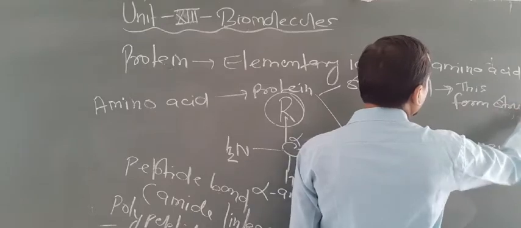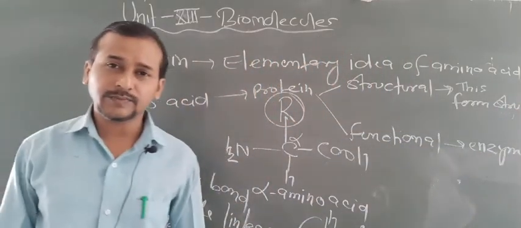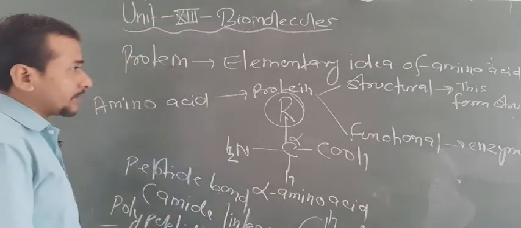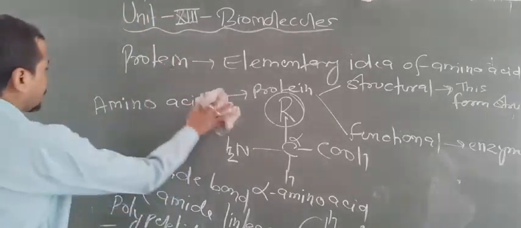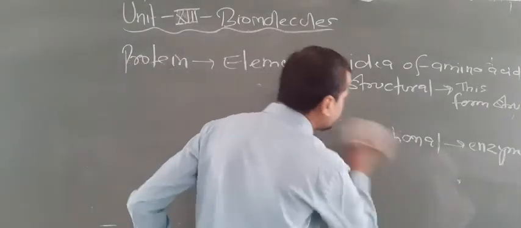The structural proteins form the structure, basically the body structure. The functional proteins help in functions just like digestion and respiration. So these are the general concepts about the topics we have to know.